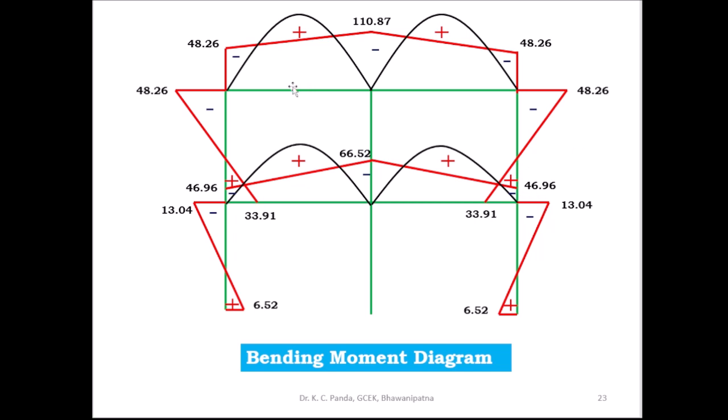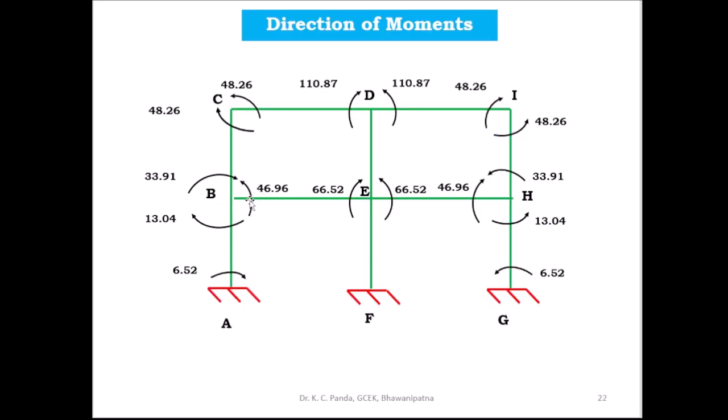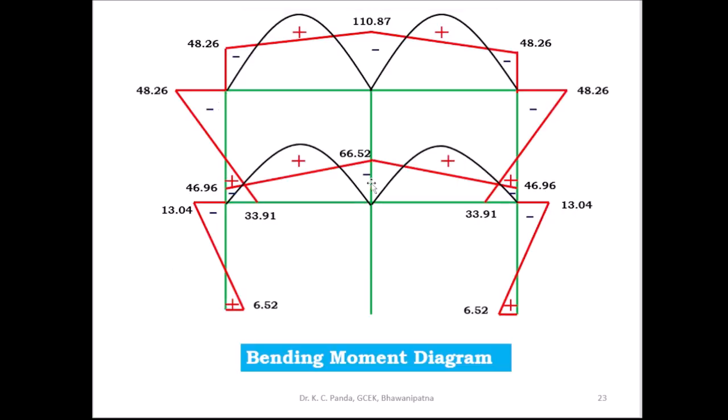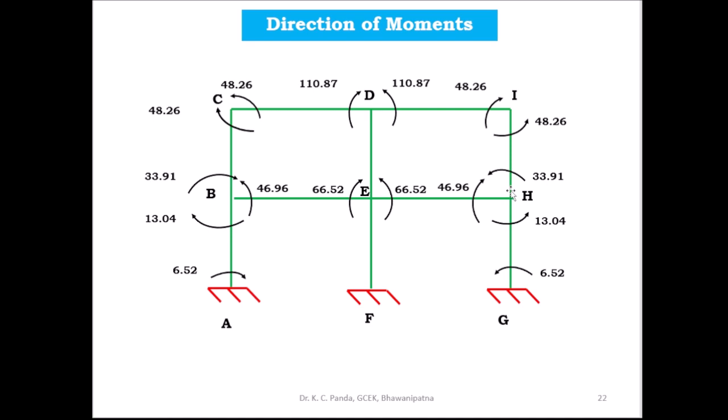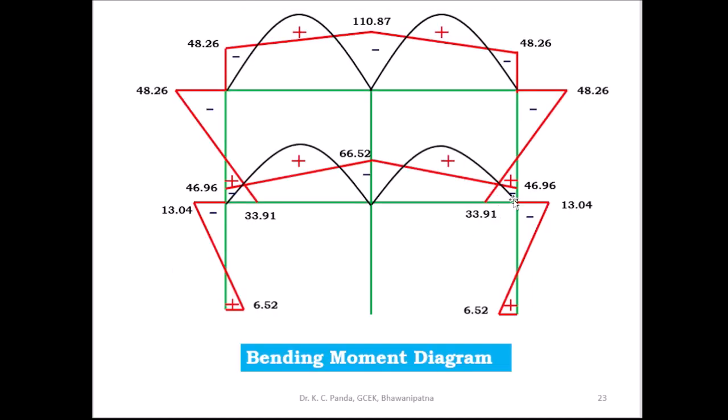Similarly draw here for the horizontal member, here given 46.96 and this side 66.52. So here you draw 46.96, 66.52 and this side also 46.96.